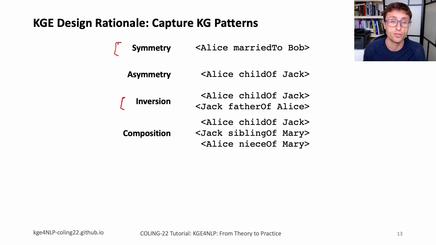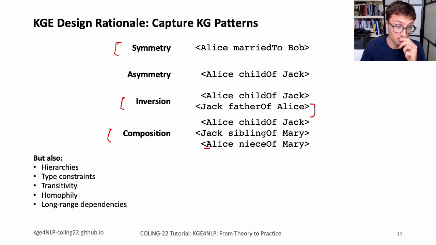We can have inversion as well, so we can invert the triple above by adding Jack father of Alice, or we can have composite relations like Alice child of Jack, but Jack sibling of Mary, and so we can have another triple which is Alice niece of Mary. It is quite common to find these patterns in knowledge graphs, but there's more.